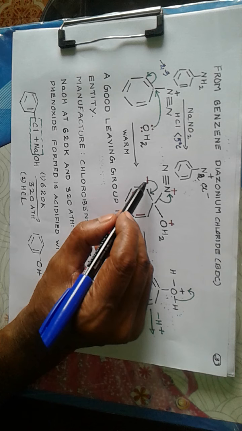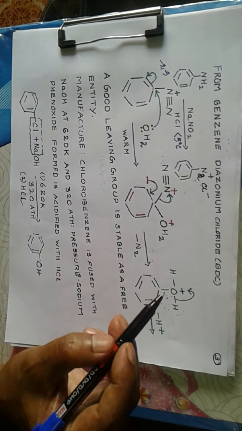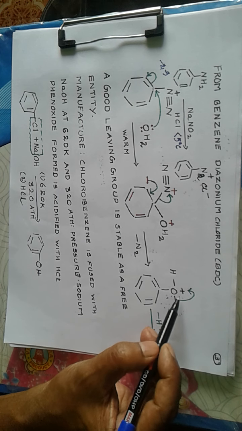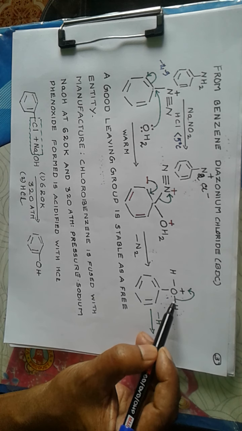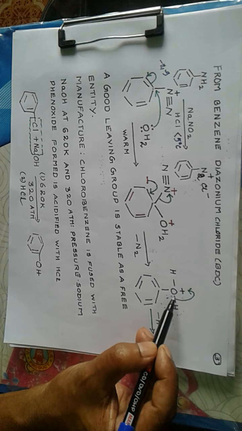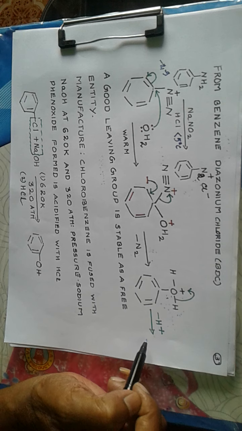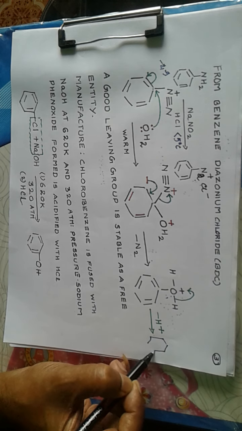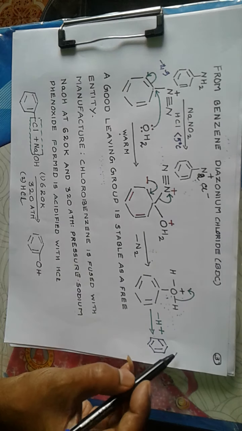This pair of electrons is shifting in between these 2 points, and we get OH2 positive, which can remove an H positive by shifting of this bonding pair over the oxygen atom, in the sense the oxygen atom taking up the complete pair of electrons in its orbital, and we get the OH group. So phenol is produced when benzene diazonium chloride is warmed with water.